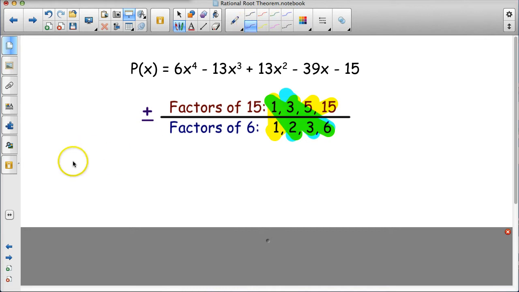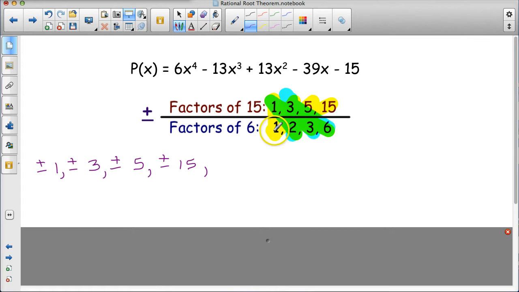So what do we mean? We mean that we can have plus or minus 1 over 1, which is 1, and plus or minus 3 over 1, or 3, and plus or minus 5 over 1, or 5, and plus or minus 15 over 1, which is 15. That takes care of all of our numerator over the first factor of our denominator.